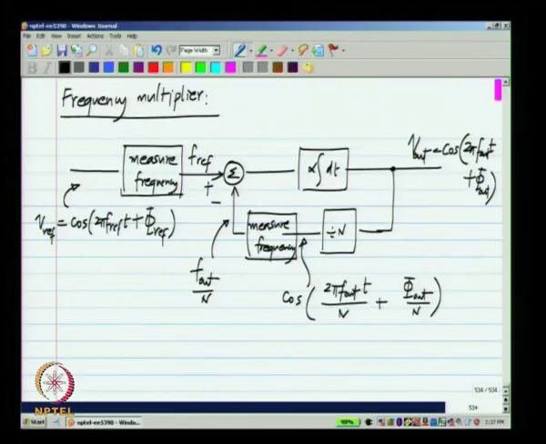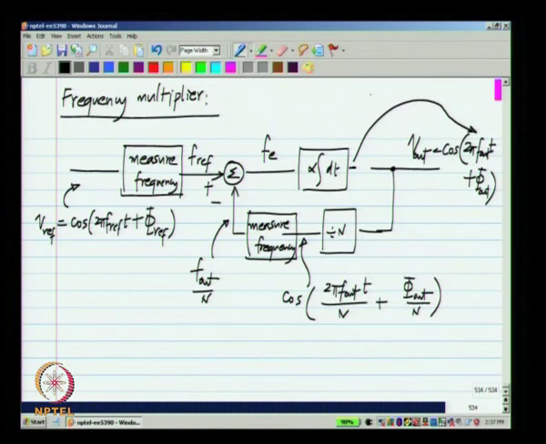Okay. So, here I should be careful with how I specify this. I will show this box disconnected. What it is meant here is that the integrated frequency error is not this voltage, it is the frequency of that voltage.